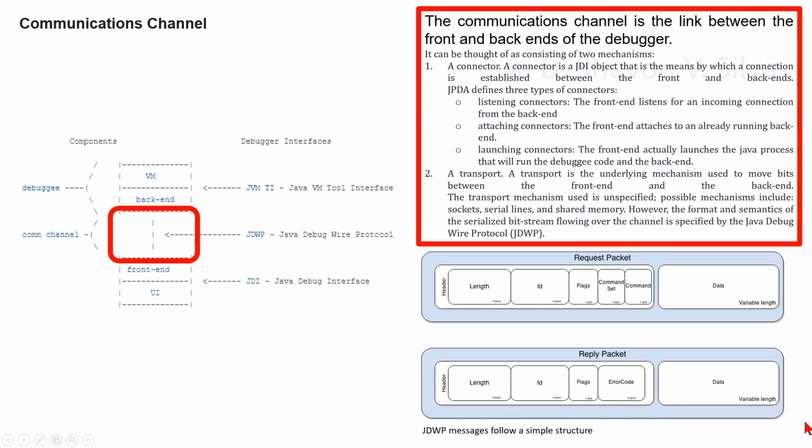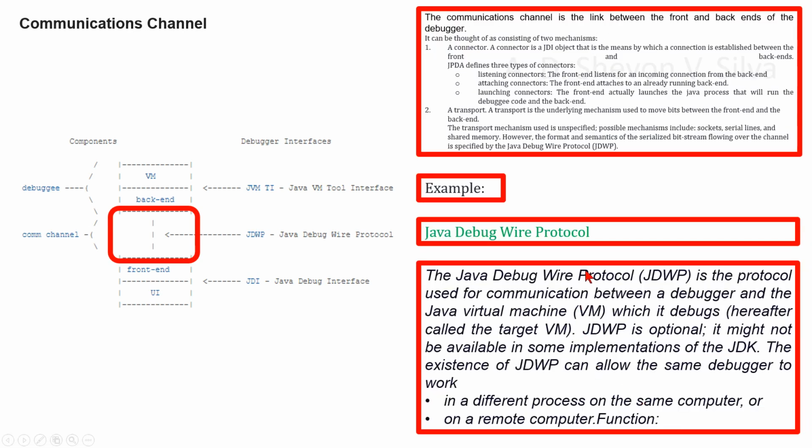As an example, we can consider Java Debug Wire Protocol. The Java Debug Wire Protocol, JDWP, is the protocol used for communication between a debugger and the Java virtual machine, VM, which it debugs. Hereafter called the target VM. JDWP is optional.